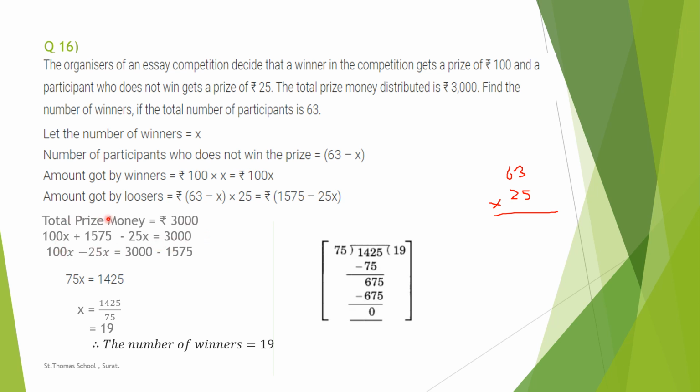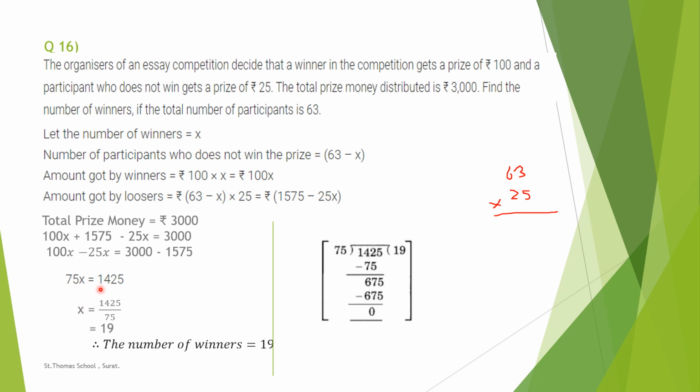Now 100x minus 25x, both we will write together, and this plus goes here and becomes minus. So 3000 minus 1575. Now 100 minus 25, that is 75x is equal to, if we subtract, we will get 1425. Subtract and check the answer.